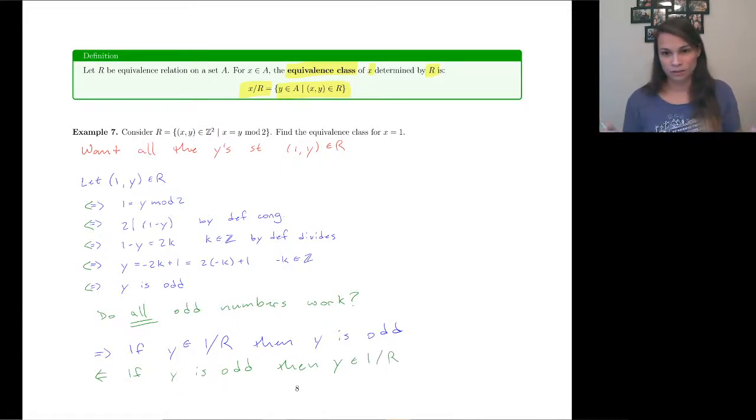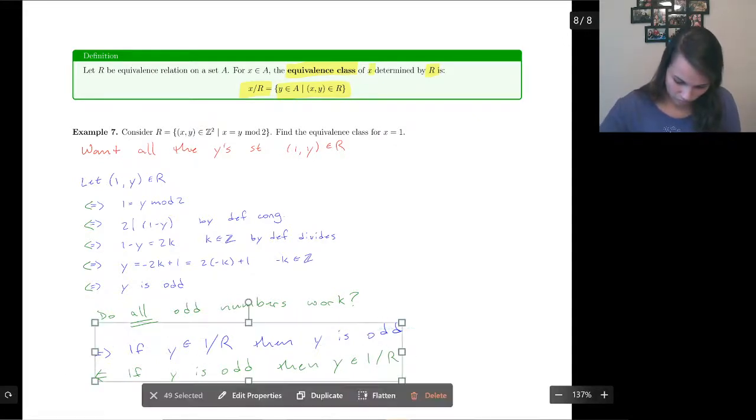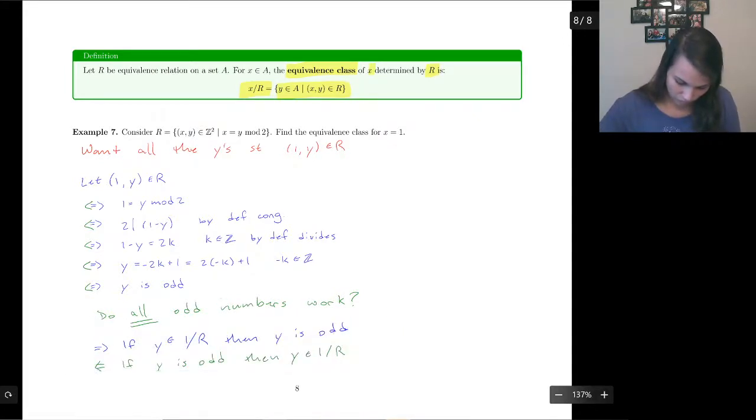So all the odds. First we showed it has to at least be odd, and then doing it backwards gives us, if it's odd, then we're good. So therefore, now we know exactly everything that's going to be in our equivalence class. So we can say the equivalence class of 1 determined by R is all y's in the integers such that y is odd.